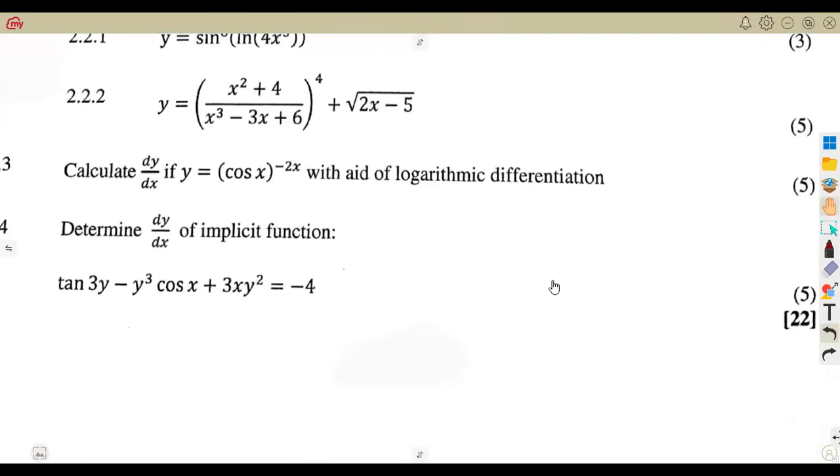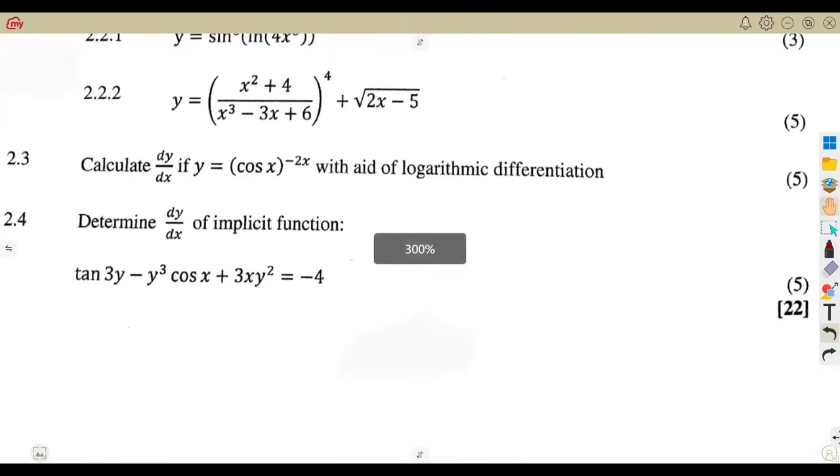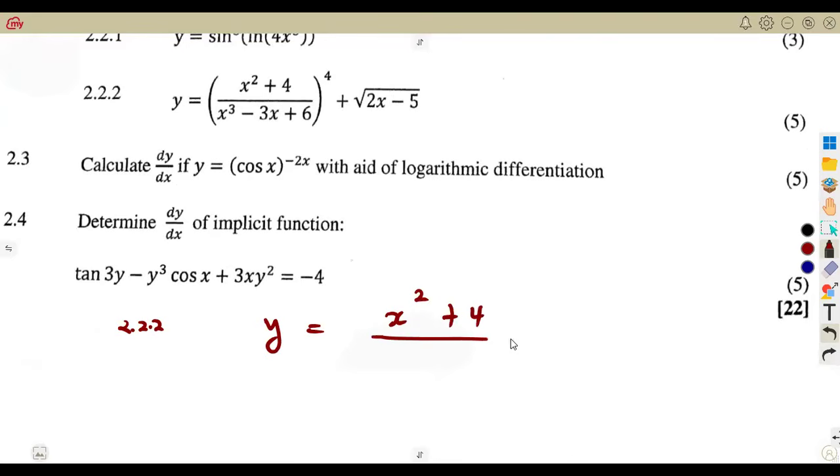On 2.2, again, it is another part where you're supposed to use the same consideration. That's 2.22, where we are given y is equal to x to the exponent of 2 plus 4 over x cubed minus 3x plus 6.